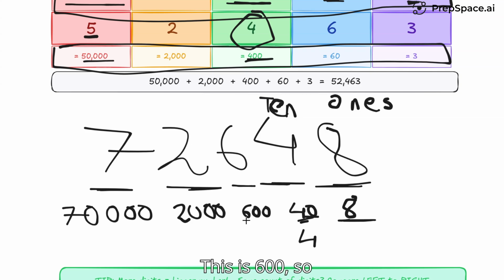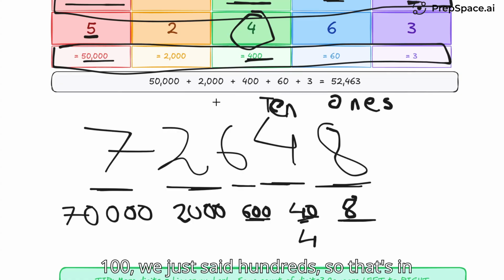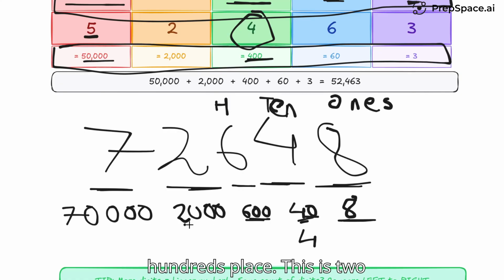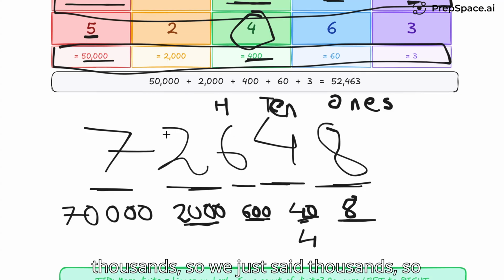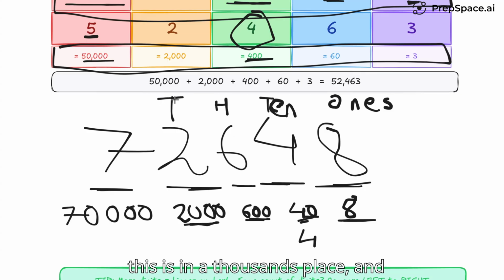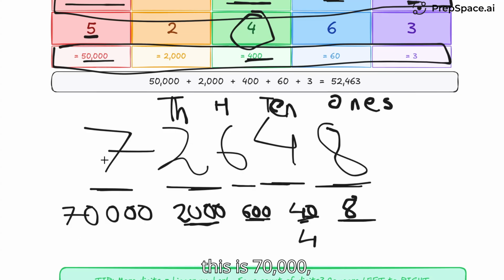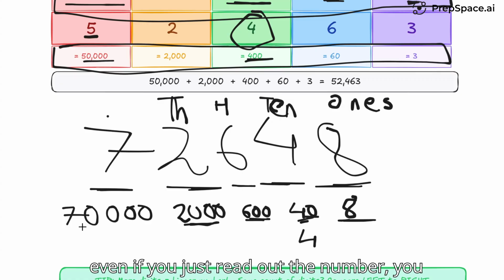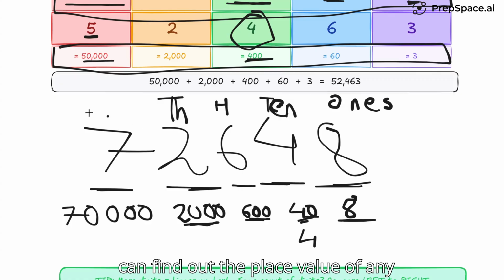This is 600, so we just said hundreds. So that's the hundreds place. This is 2,000, so we just said thousands. So this is the thousands place. And this is 70,000, so 70 thousands. Even if you just read out the number, you can find out the place value of any digit.